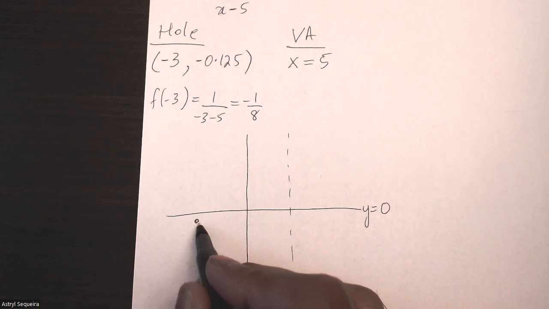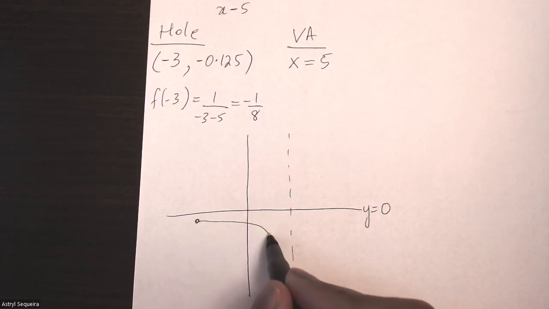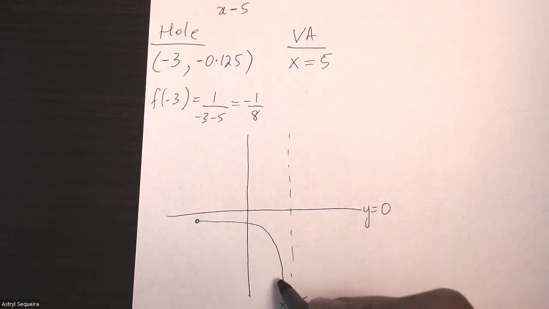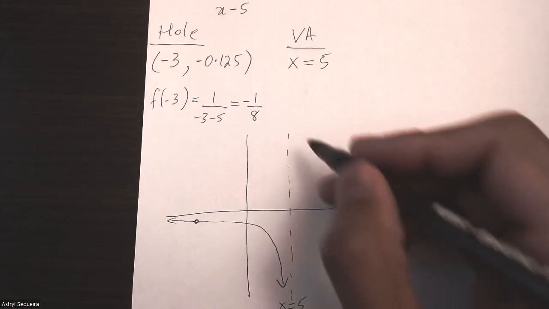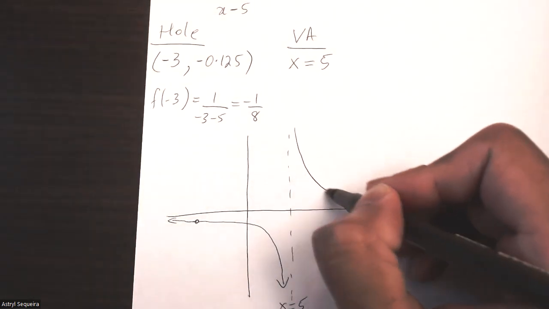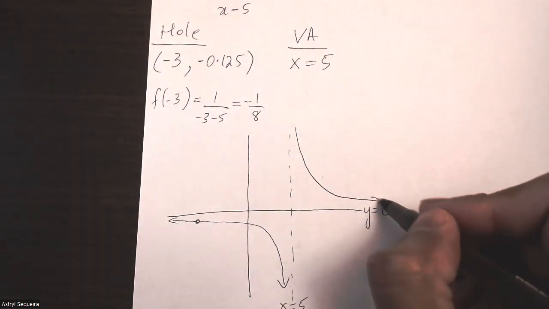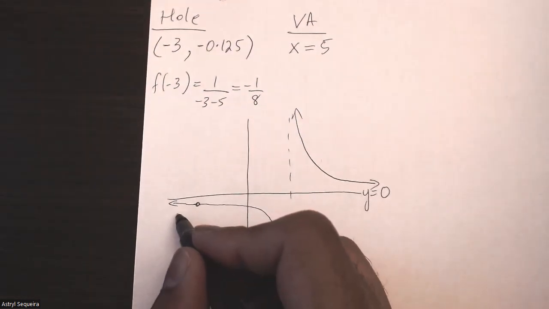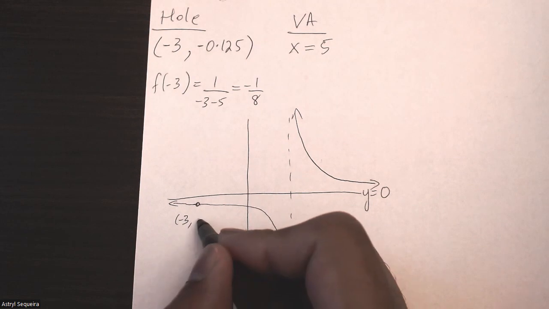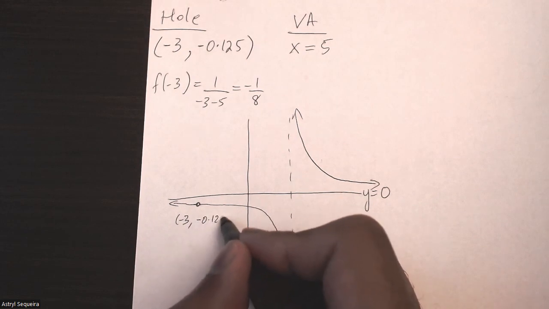Potentially even closer if you're up to scale. So the graph just looks like this on this side, and on this side it's just the opposite. Just looks like that, and then we can label the point negative 3, negative 0.125.